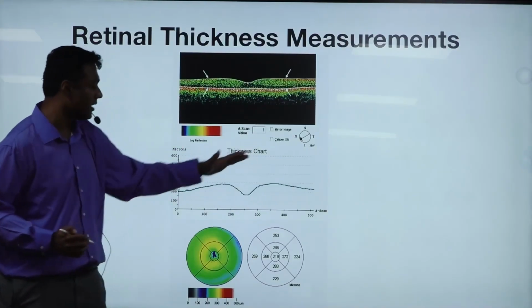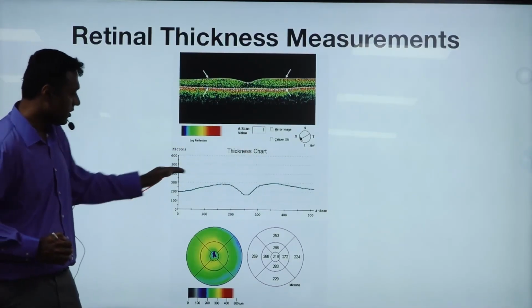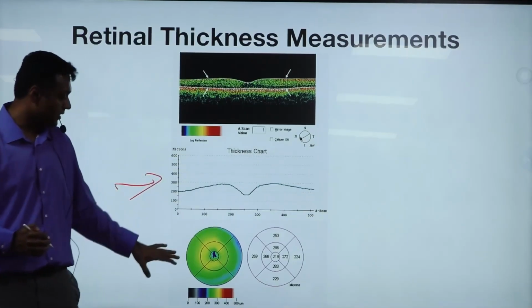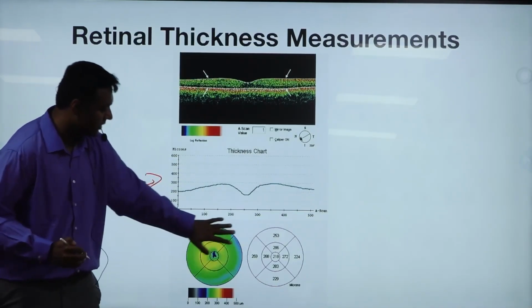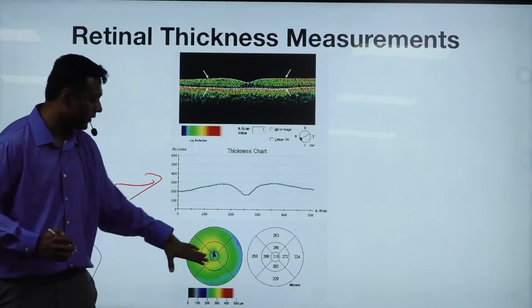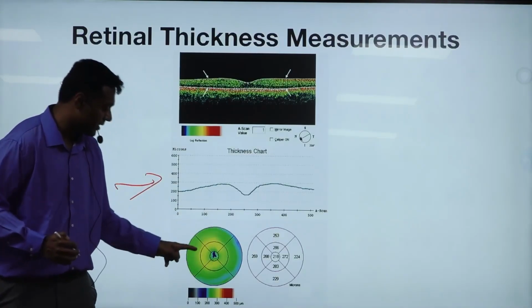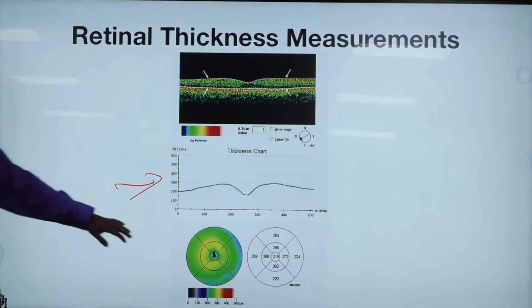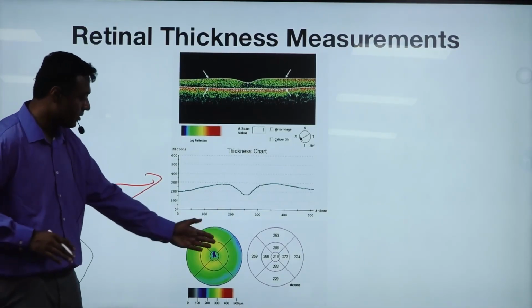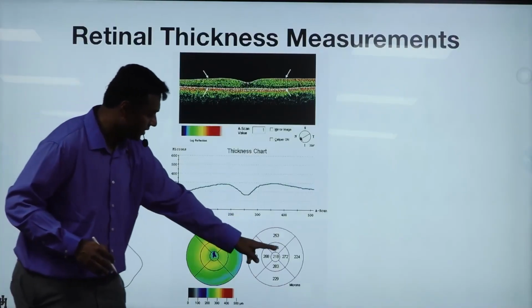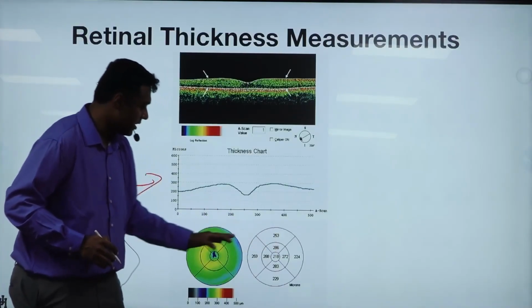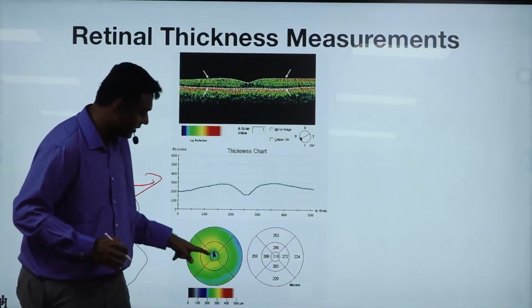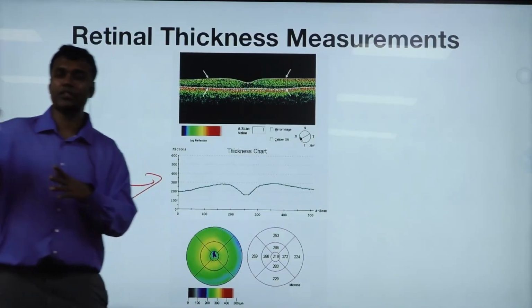It's called a thickness chart, and this is in microns. You can plot the thickness of the retina at different locations, and a doctor can look at this kind of image. They can even give you averages, an average here, an average here. So in these different regions, what are the average thicknesses?